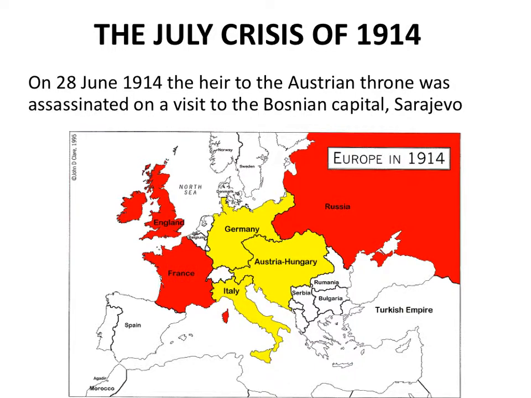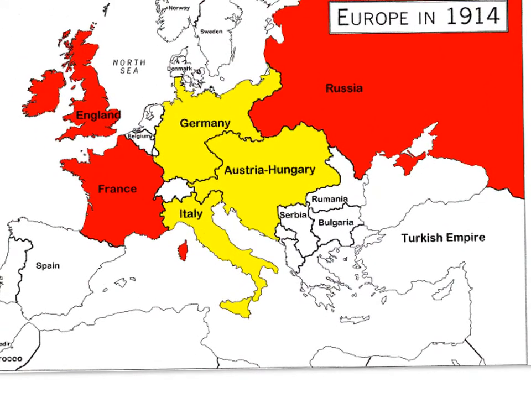As we all know, it began on the 28th of June 1914. Down in this corner of Europe, this area here is called Bosnia. Bosnia was part of Austria-Hungary, but remember Serbia wanted Bosnia to be part of Serbia.